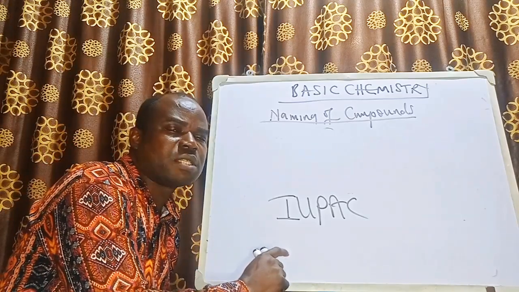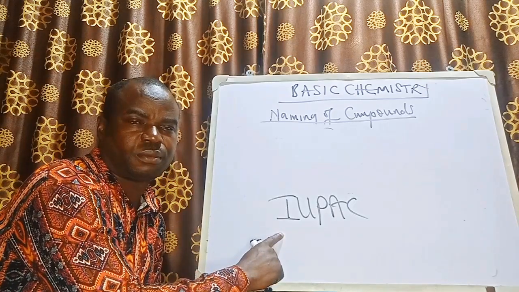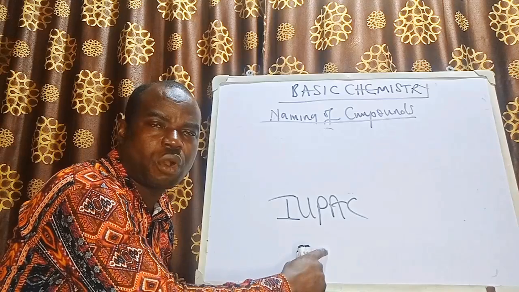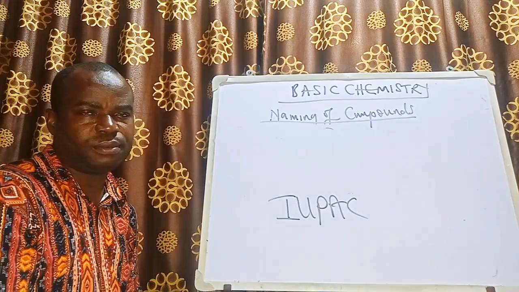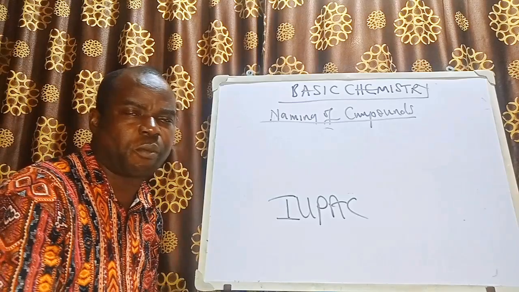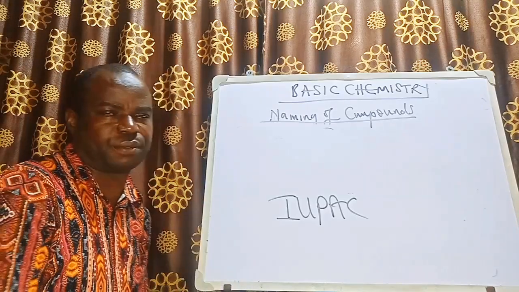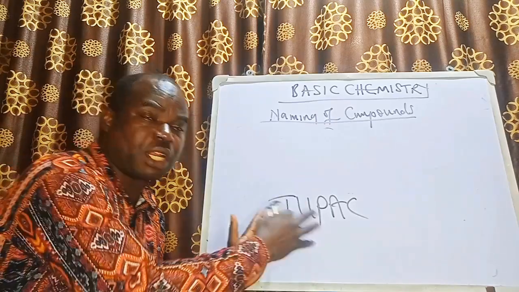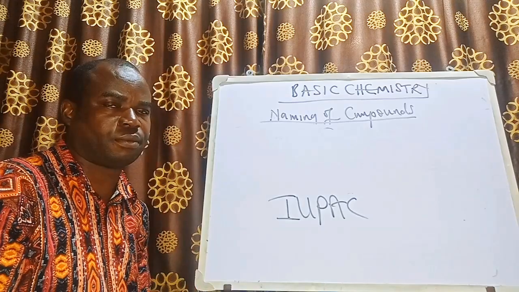The full meaning of IUPAC is International Union of Pure and Applied Chemistry. So it's a short form. That's why it's called an acronym. So this body determines the naming of compounds in chemistry.